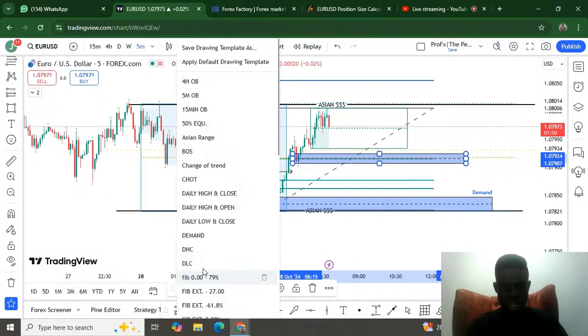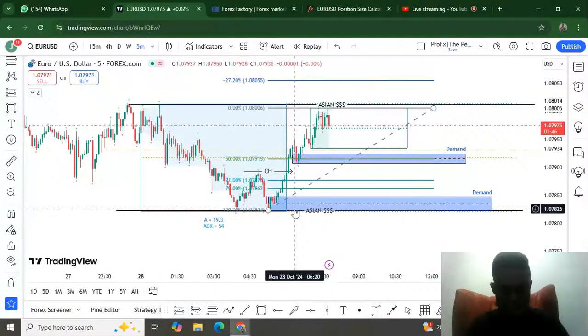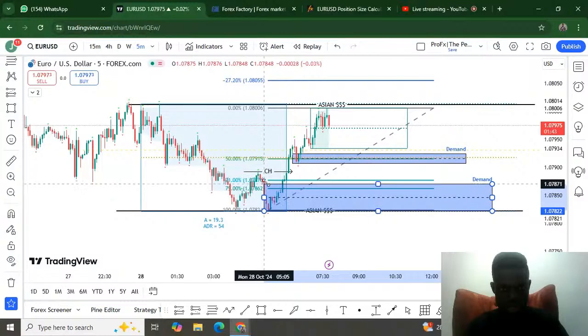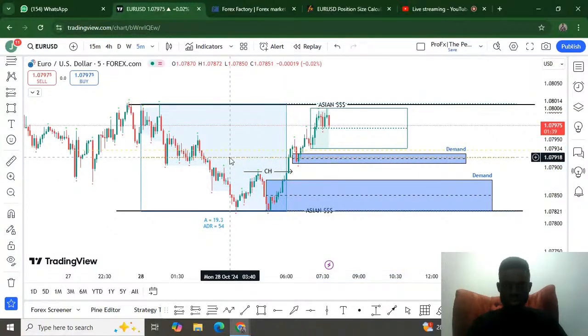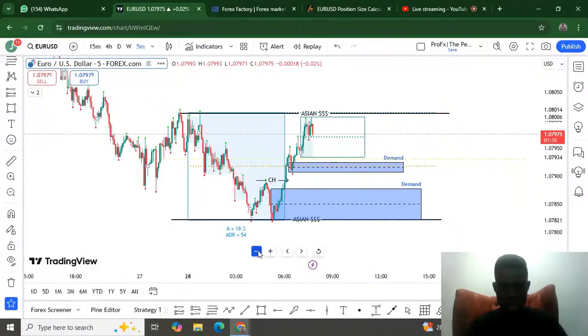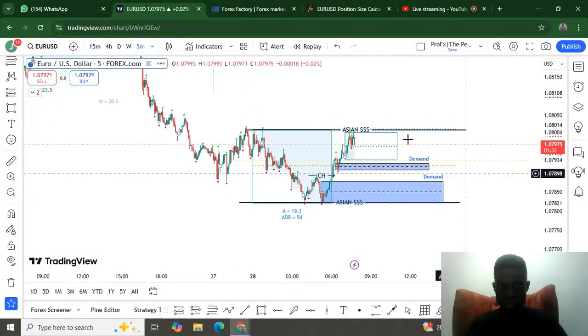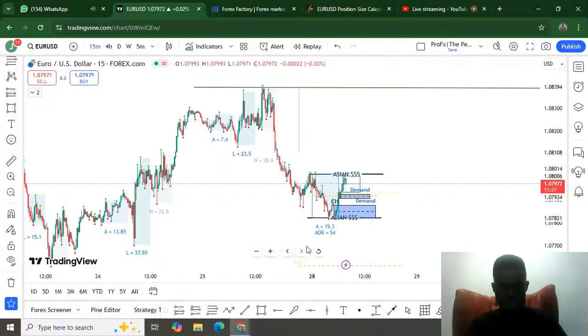That's the first location. While the second location is 71%. Good. So those are my locations for today.